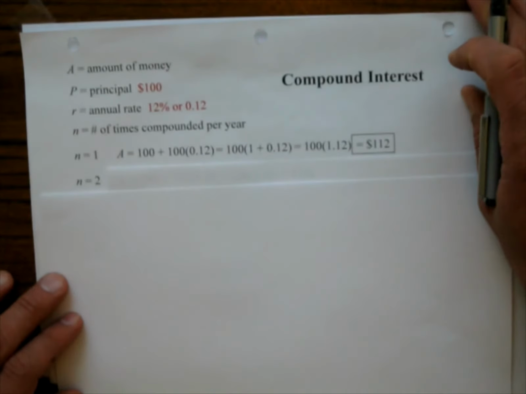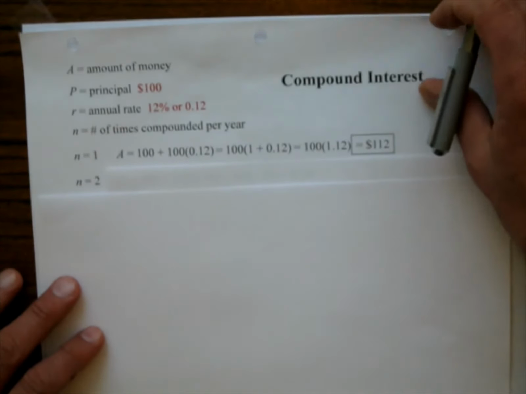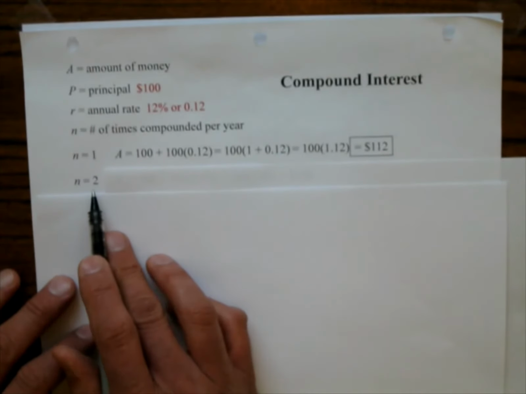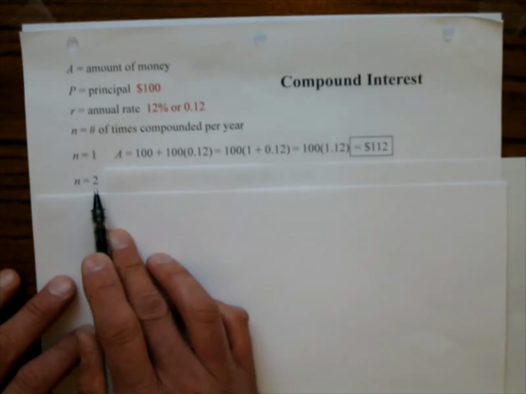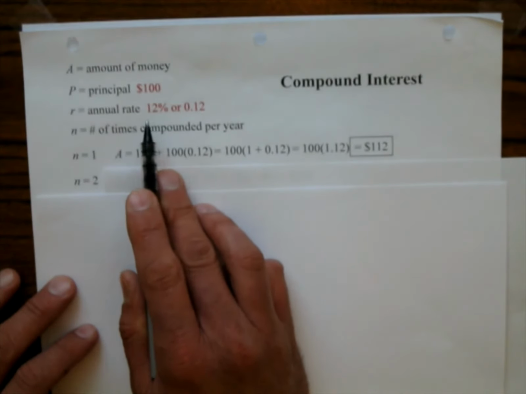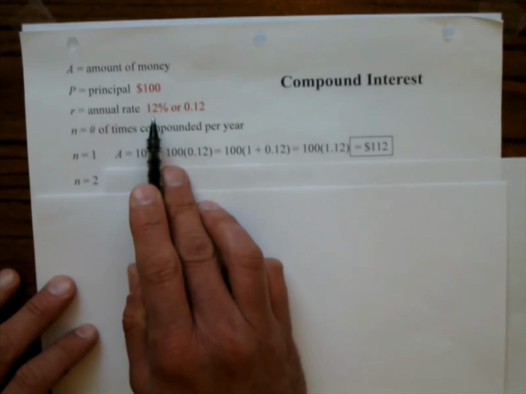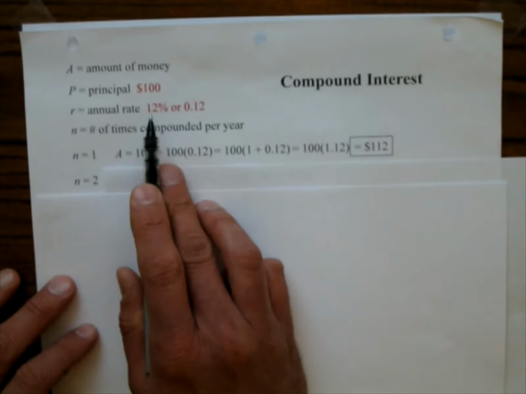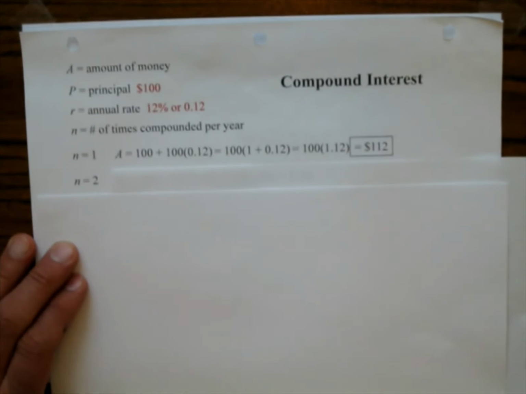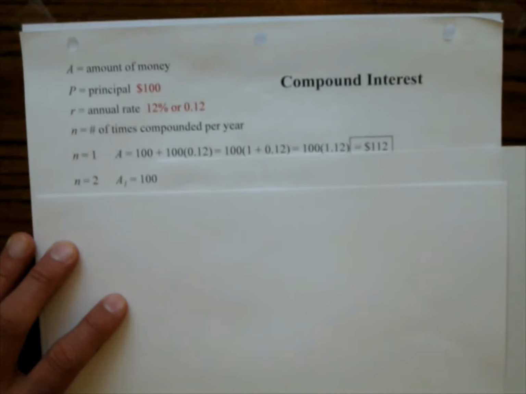So compounded maybe at the end of June and then at the end of December. When it gets compounded twice a year, they do not compound it 12% at the end of June and 12% at the end of December. They would actually compound it at 6%, 6%. They cut that in half each time they compound it. So let's see what this gives us.